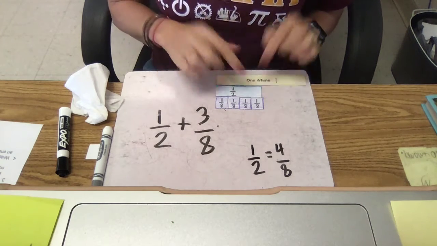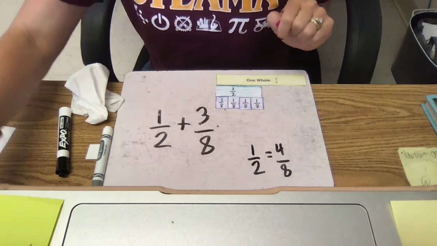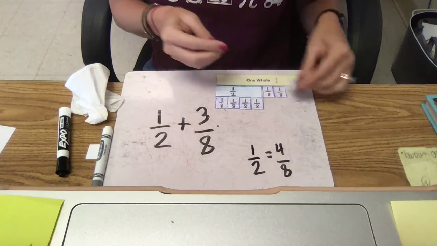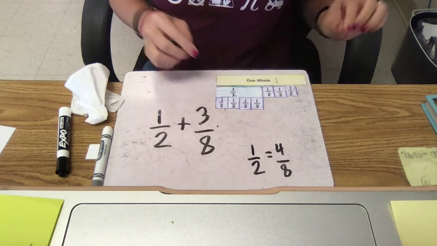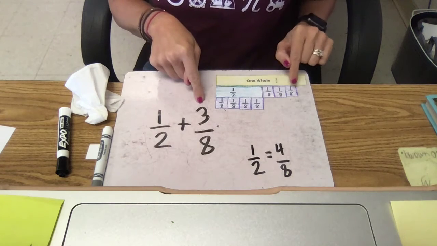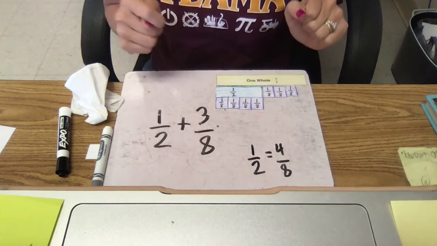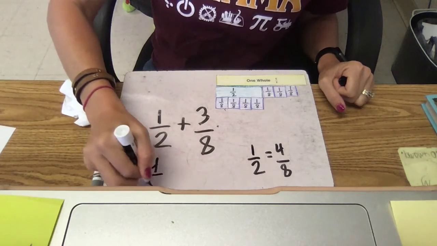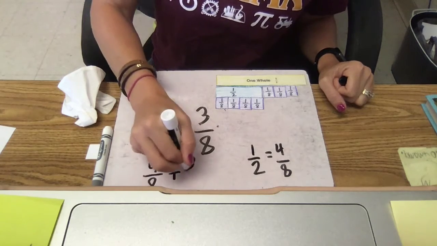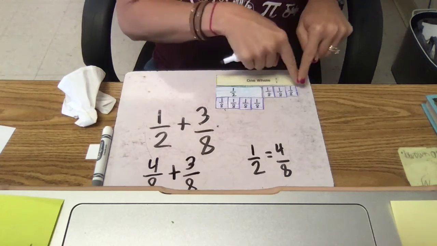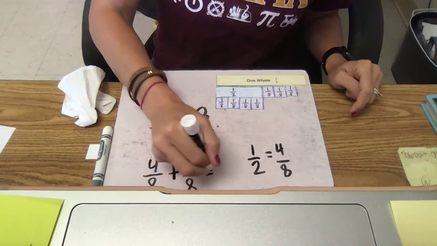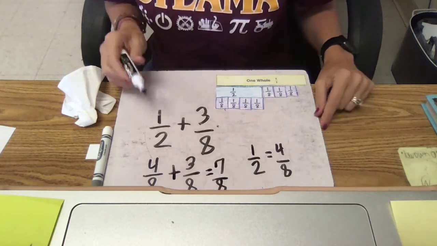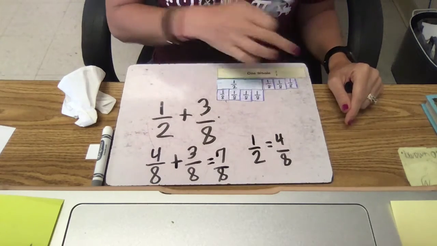So if it takes 4/8 to equal 1/2, and remember I had 1, 2, 3/8, didn't I? 1/2 and 3/8. Now I could put them all together as eighths because you figured out that 1/2 is the same value as 4/8. So 4/8 plus 3/8, those are the same things. They're all eighths. Now I can add and say, yep, I have 7/8. 7/8 makes sense because 7/8 is really close to 1.